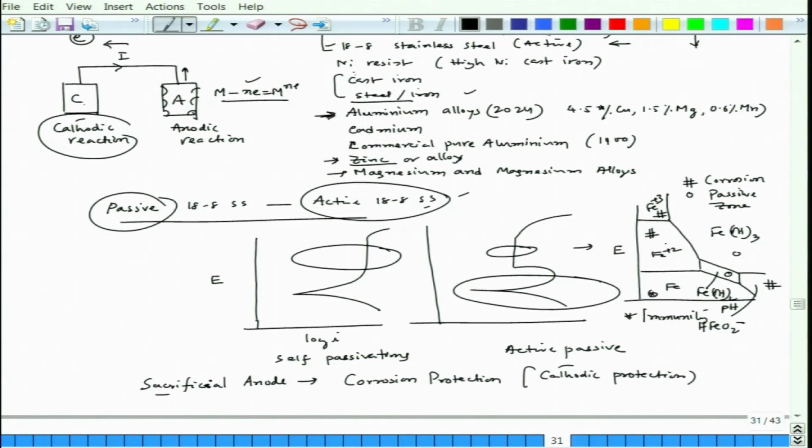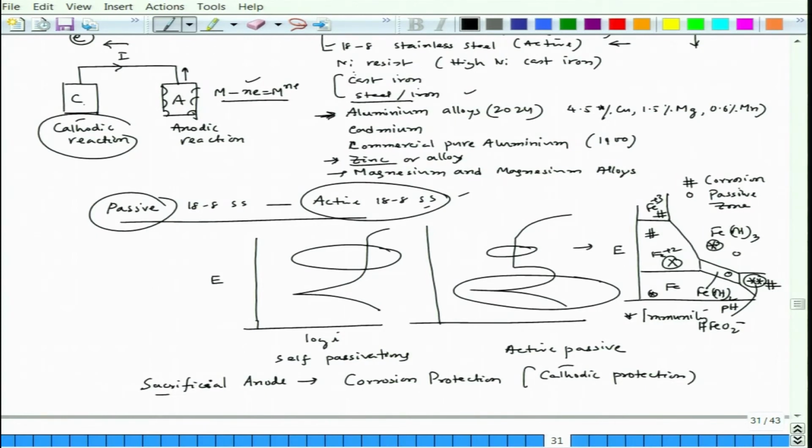For example, if the potential and pH stays here, then it will be active, and if the potential and pH stays here, it will be passive. Okay. So, in this case it will be passive, in this case it will be active. Similarly, once the pH and potential reaches here, in this case it will become active again. So, that way the same metal can be passive, the same metal can be active.